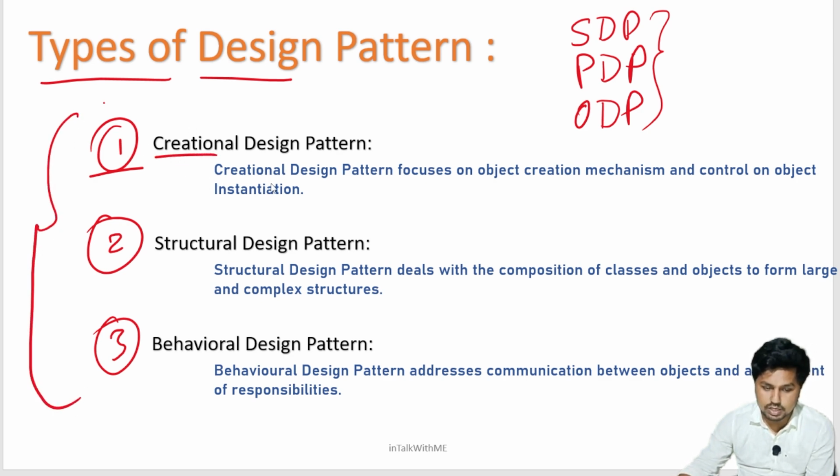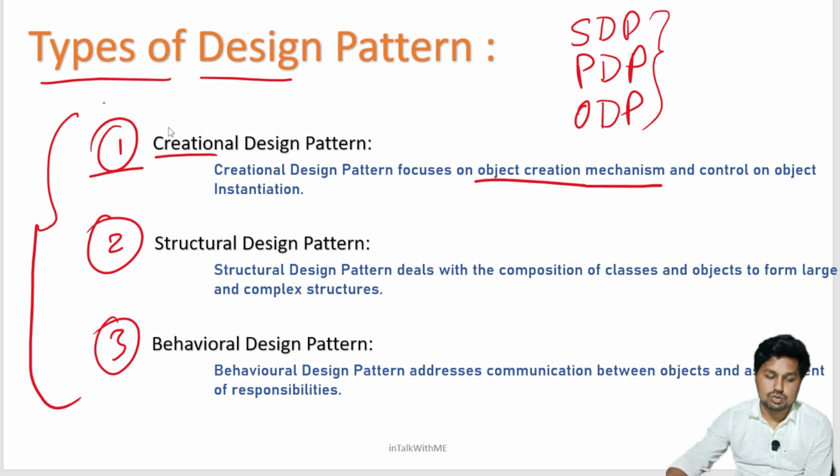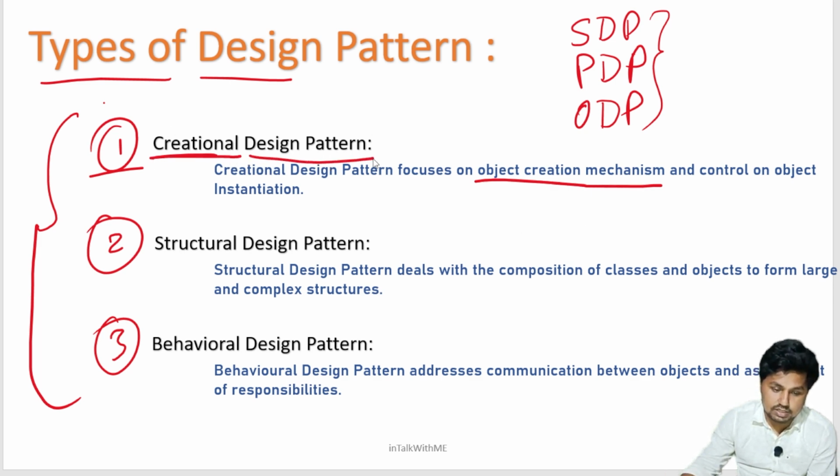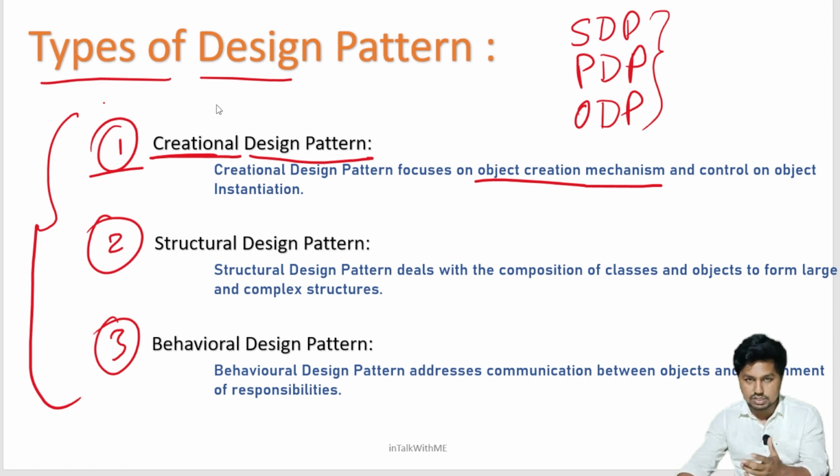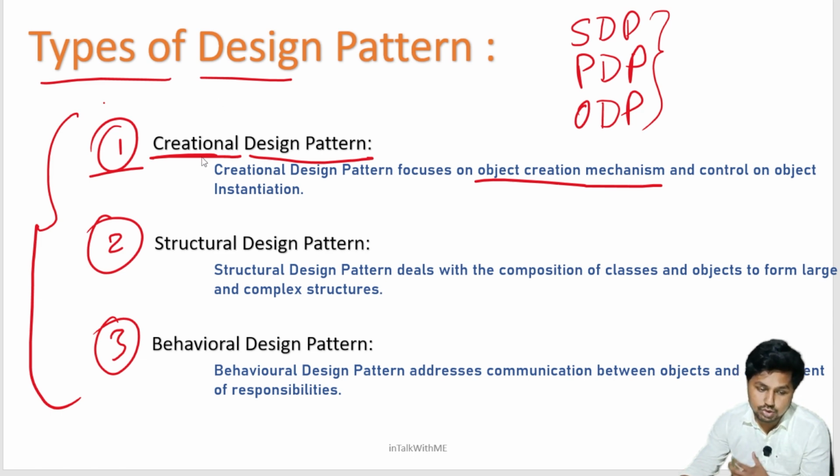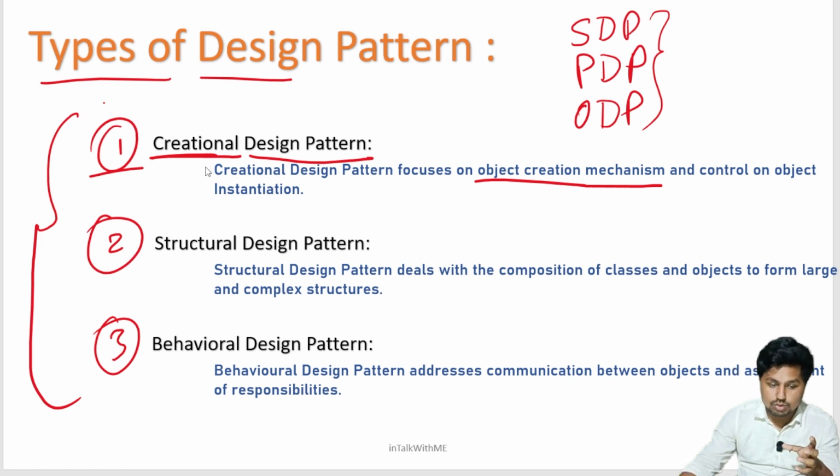First is the creational design pattern. So what is creational design pattern? Creational design pattern basically focuses on the object creation mechanism. From the name only you know that this design pattern is mainly concerned with object creation. So how you should create an object so that you face the minimum problems.